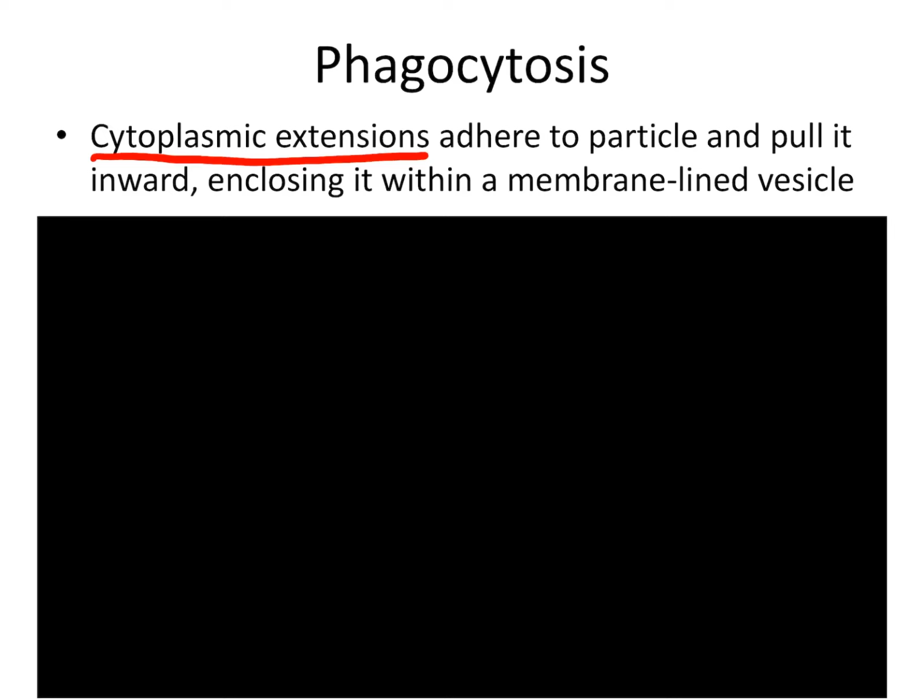It's going to internalize it within the cell in this vesicle made of cell membrane. When it enters inside of the cell, it's essentially going to merge with the lysosome, and these enzymes within that lysosome are going to break down this particular substance. So let's take a closer look at what this process looks like.